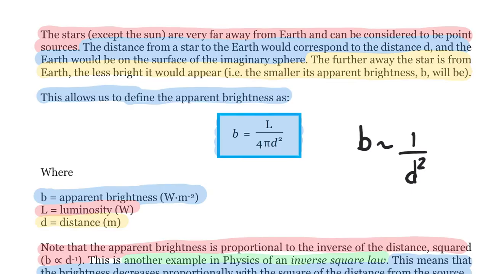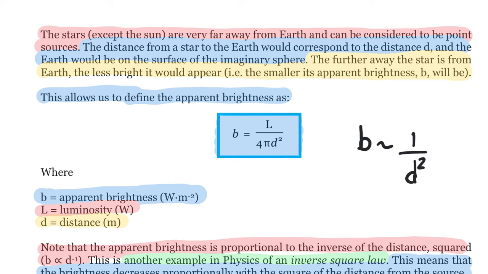As I've already mentioned, the stars, except for the sun, are very far away from the Earth and can be considered to be point sources. Now, the sun cannot be considered to be a point source, because when we look up at the sun, and not that we should do it, we don't see a point, we actually see a disk, which means that we cannot view the sun as a point source.